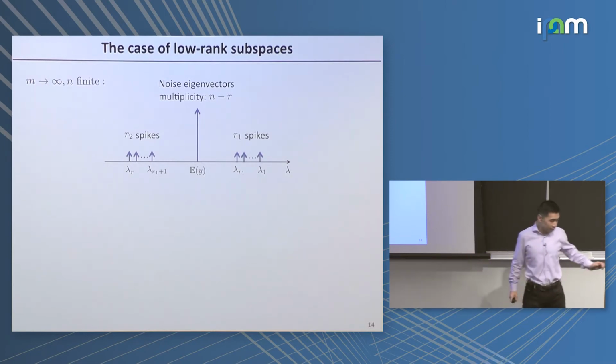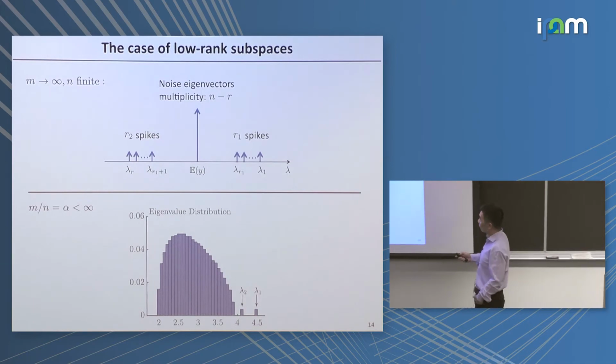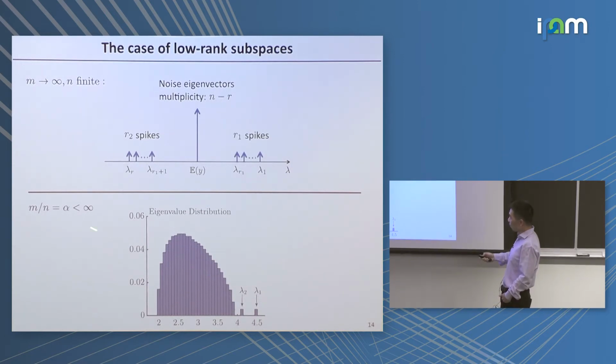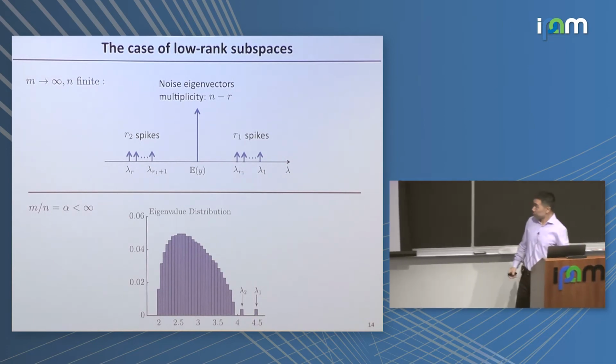When the number of samples is not large enough, for example, proportional to the dimension, as we all know, this bulk will typically expand. Instead of being a Dirac in the spectrum, it will expand. But if you have enough measurements, then the bulk will not occupy these spikes, so these spikes can still be obtained, and the corresponding eigenvectors carry information.